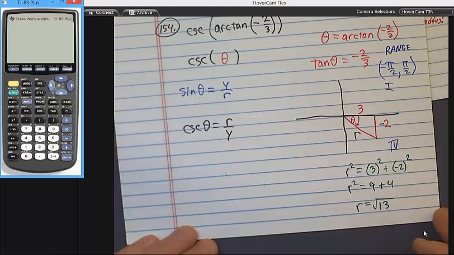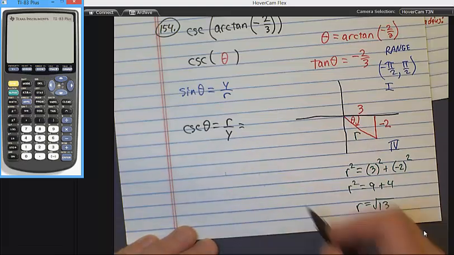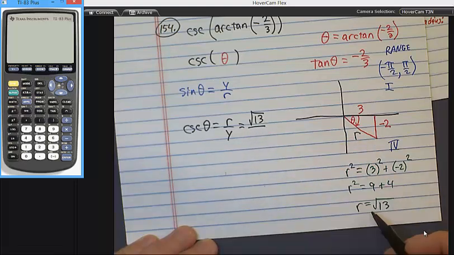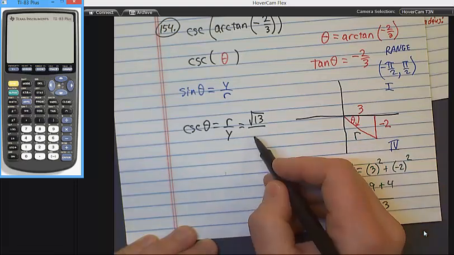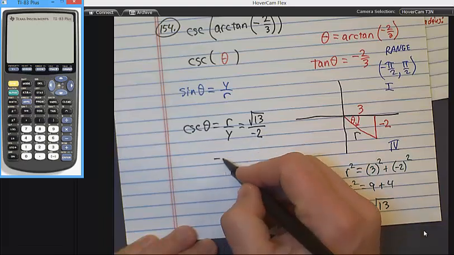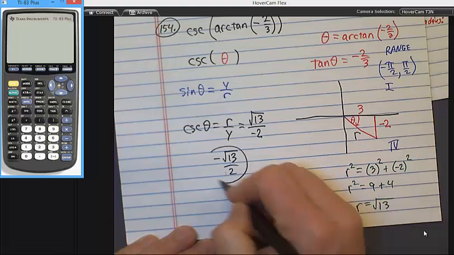So now do you see what it is? Well, r is the square root of 13, over what? Negative 2. And so that's my answer, negative square root of 13 over 2. Okay?